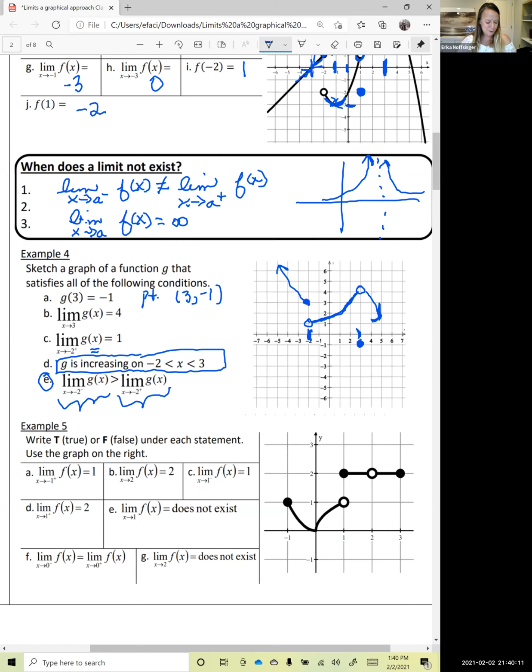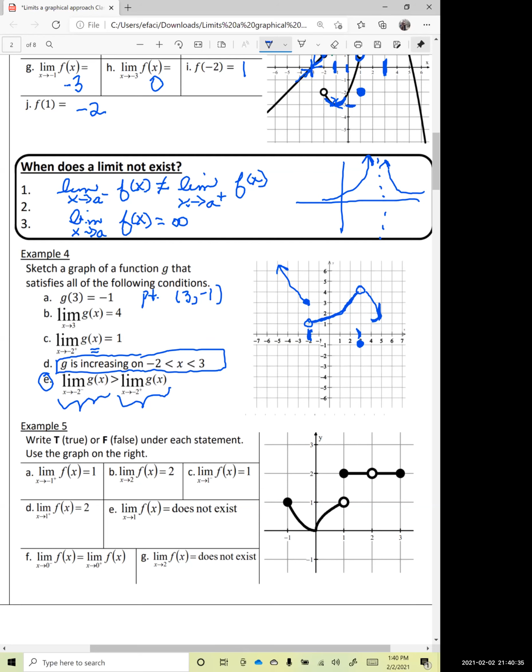Okay, so this first one, the limit as x is approaching -1 on the right hand side of f of x equals 1. You guys think that's true or false? You can type in the chat. You can just say it. True.